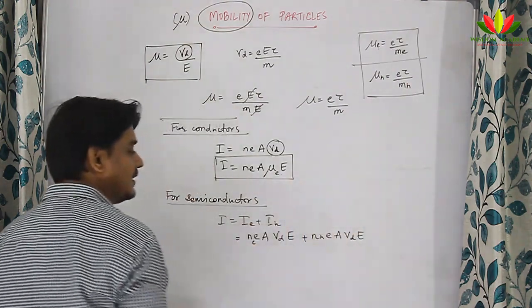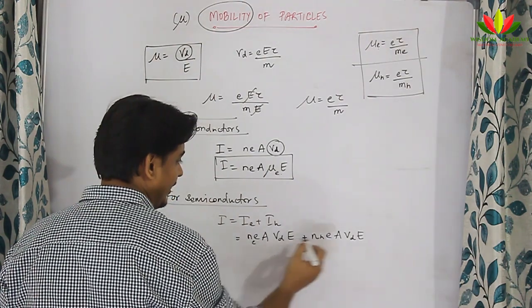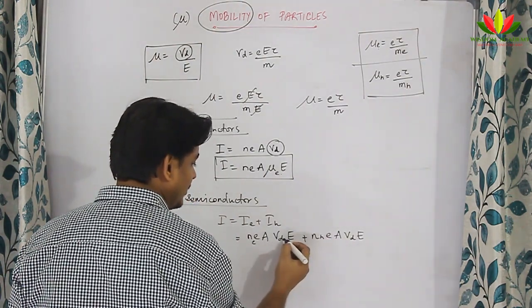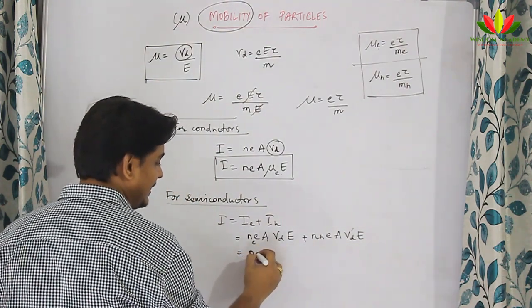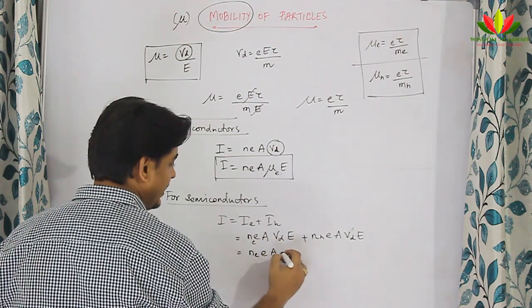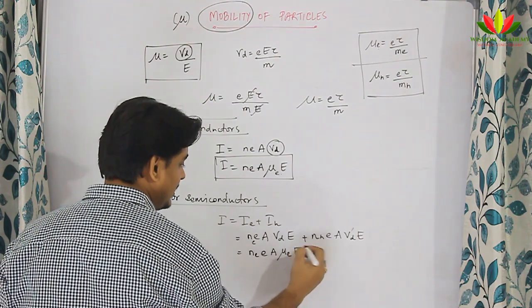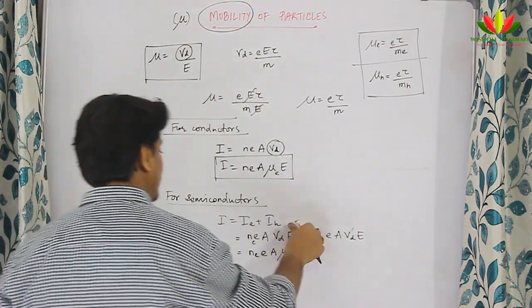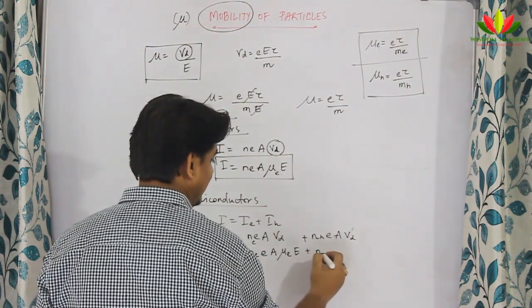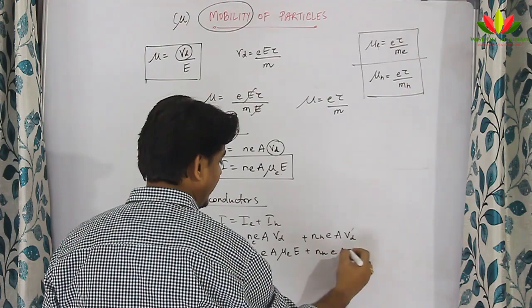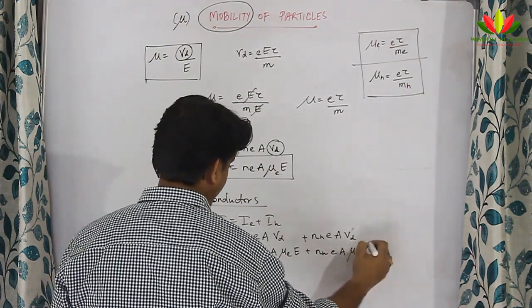So then if you just put the value of Vd, this is Vd for electron and this is Vd for hole, don't forget that. So then the next step: Ne into E into A into what is Vd for electron? It is mu into E. So Ne E A mu E into E, plus N of hole into E into A. Instead of Vd, Vd of hole, it will be mu of hole into E.